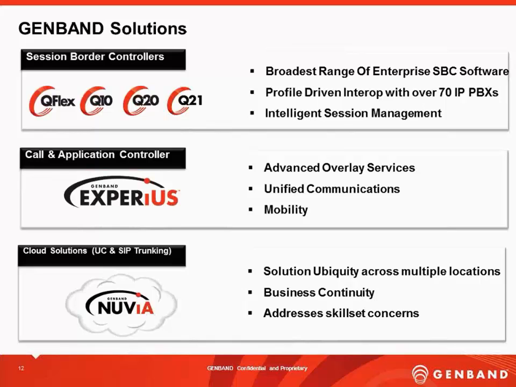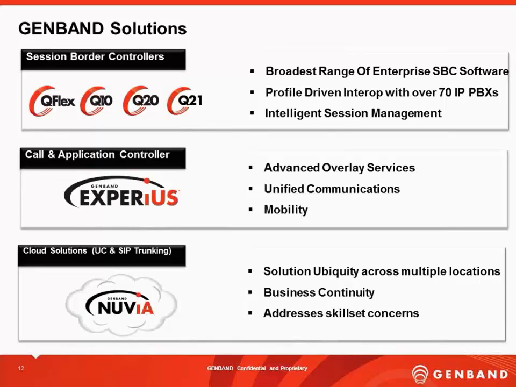We also offer a call application controller. This is more in terms of unified communication capabilities and centralized session management capabilities that enable enterprises to evolve beyond just adoption of SIP for SIP trunking, to bring in unified communication capabilities: instant messaging, presence, mobility, and other aspects.